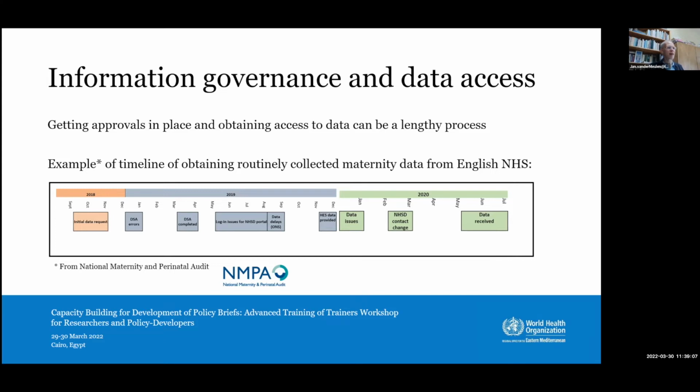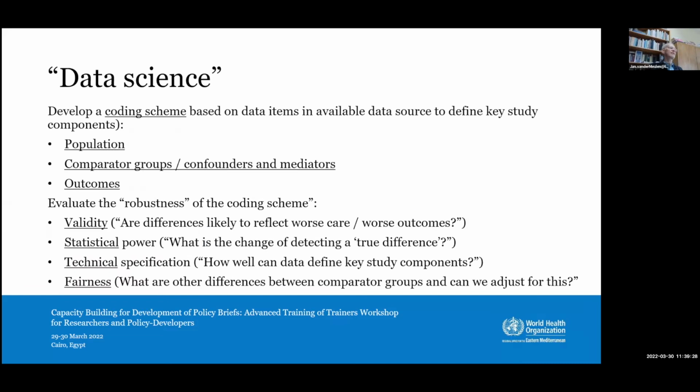And I think that's a shame. And we're working very hard, for instance, with everybody and also the people on the regulatory side to reduce this delay between asking for data and receiving the data. And that's a process, I think, that will take many, many years. So that is the information governance and data access issue.